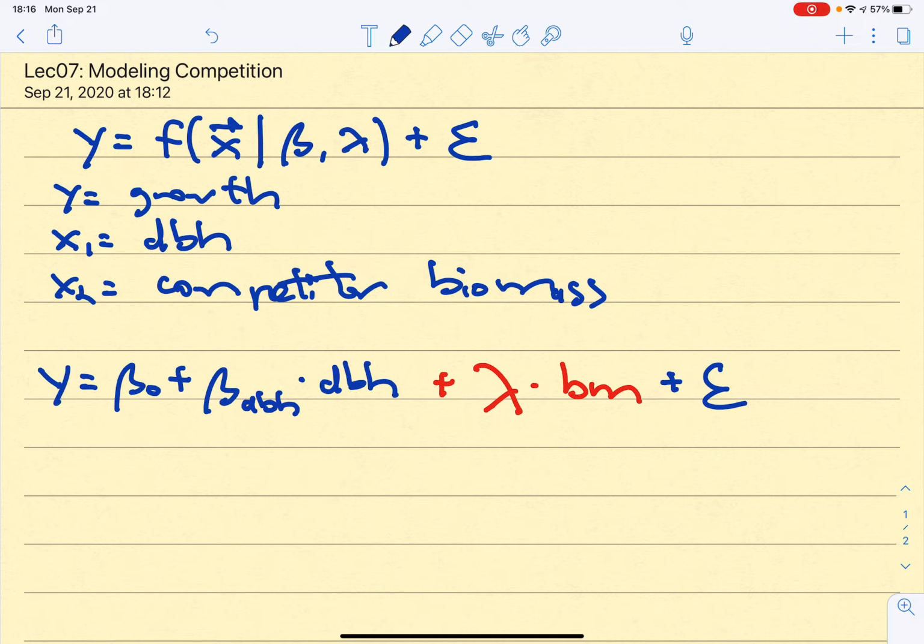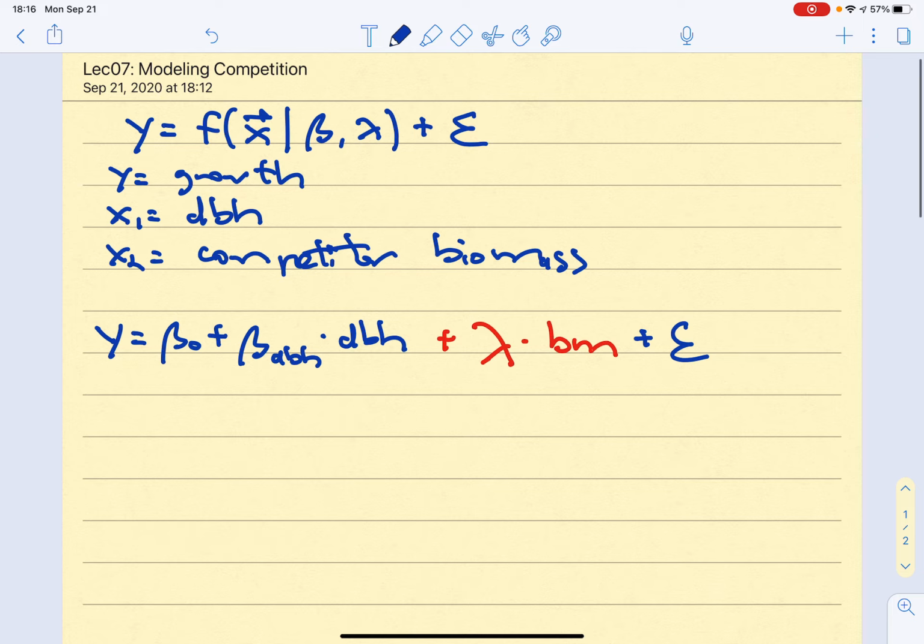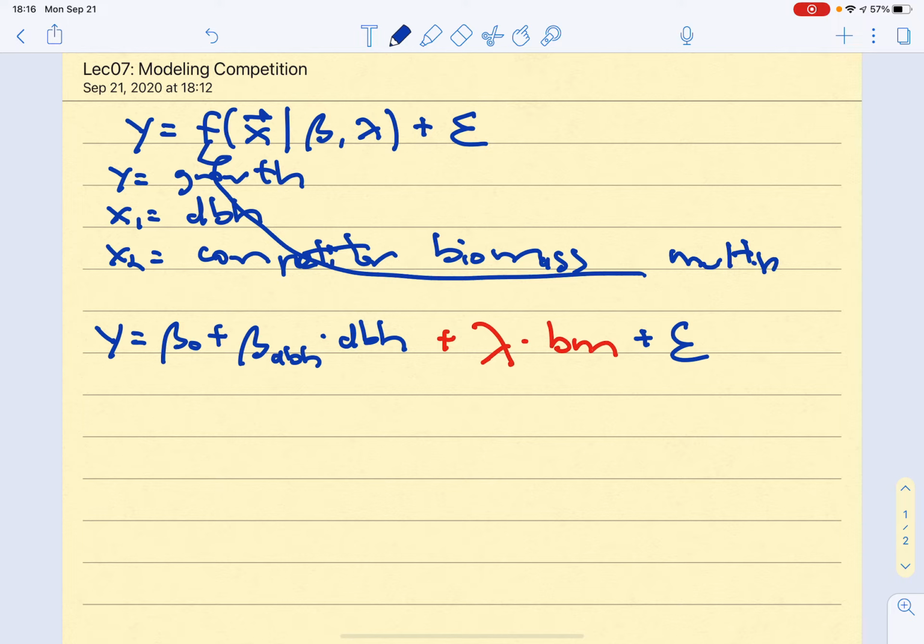So the F here is simply multiple regression. Okay, so then you fit your regression as you normally would, and you get fitted values, y hat, which are based on a fitted intercept and fitted slopes.